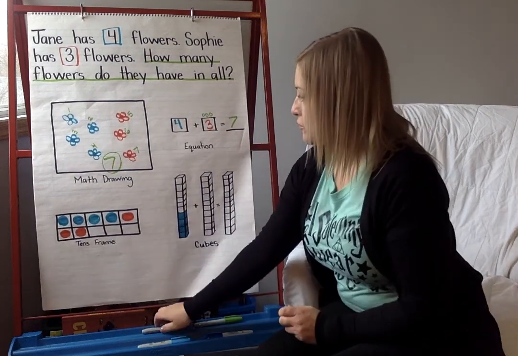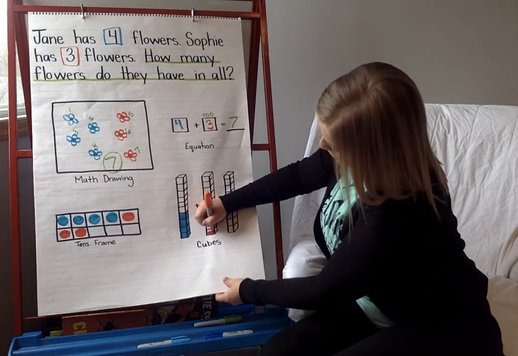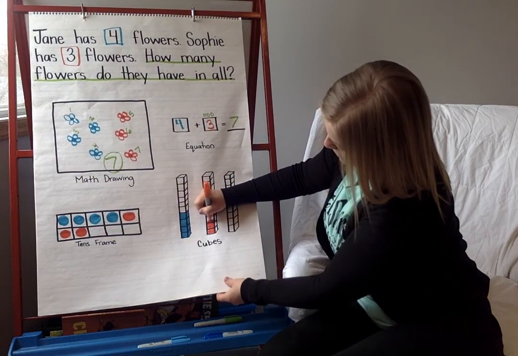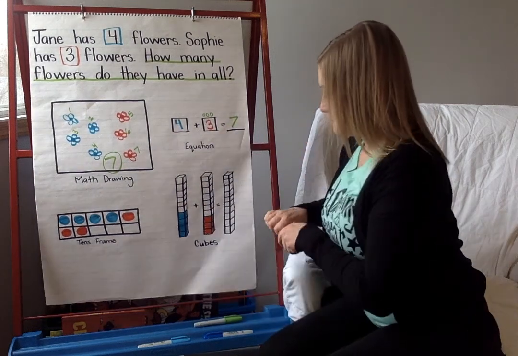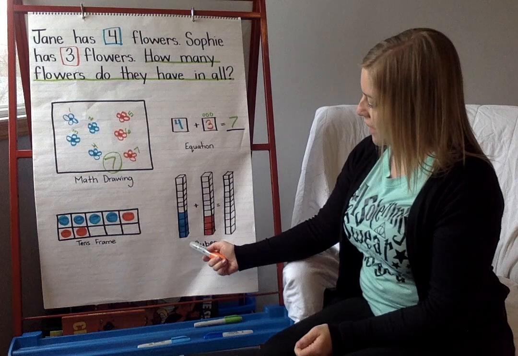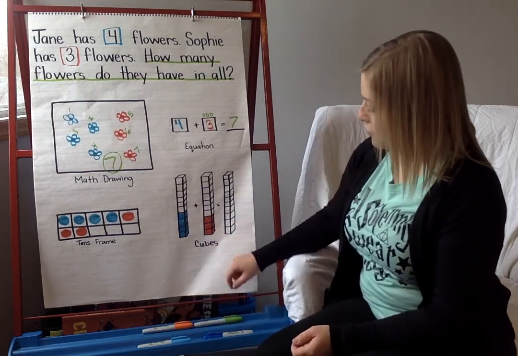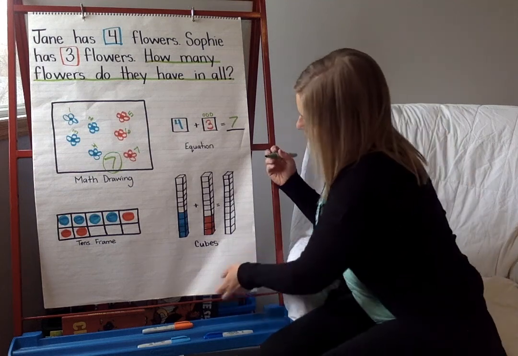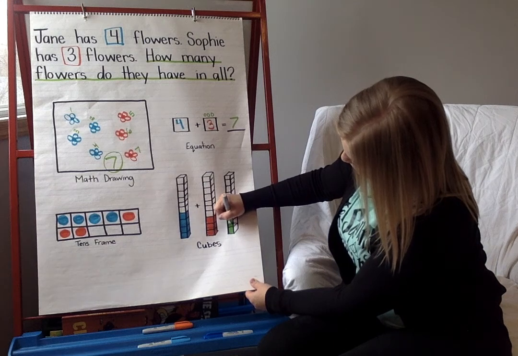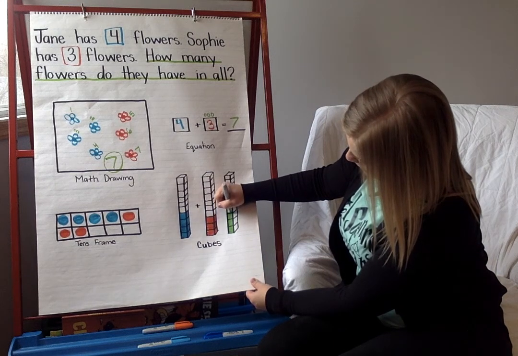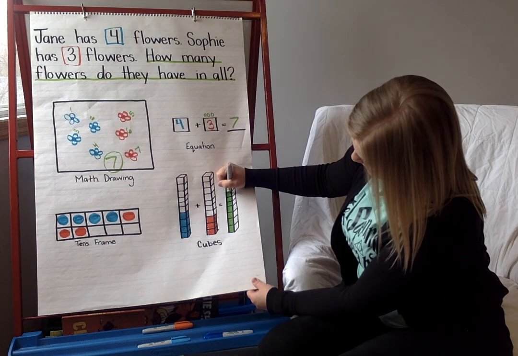And then we have 3 orange ones. 1, 2, 3. Got to color in the sides. And if we were to combine our 4 blue ones with our 3 orange ones, we would get our answer of 7. 1, 2, 3, 4, 5, 6, 7.